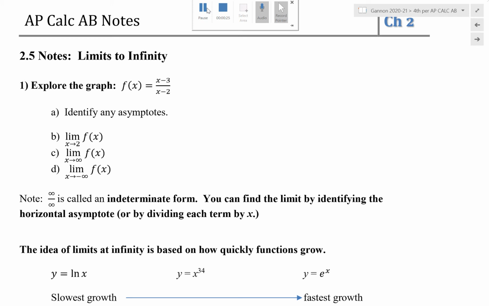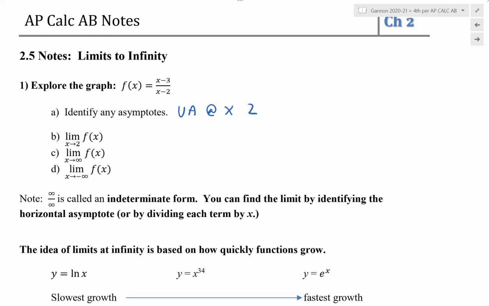When we talk about asymptotes, vertical asymptotes are going to happen when the denominator is 0 and that factor does not repeat in the numerator. Based on that, we're going to have a vertical asymptote at x equals 2. The horizontal asymptotes are determined by the degree of the numerator and the denominator.